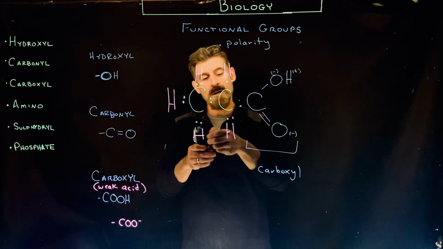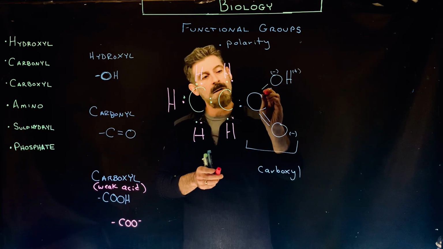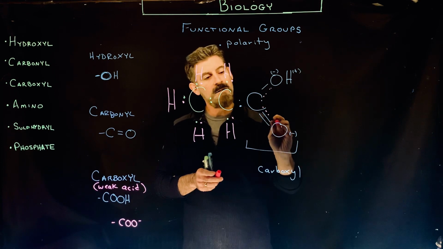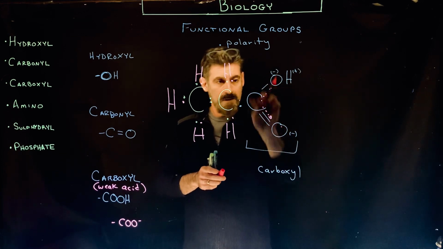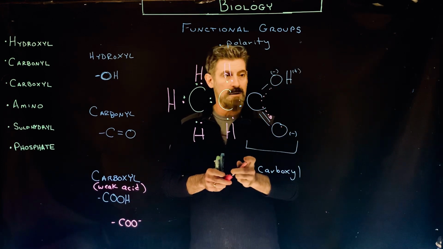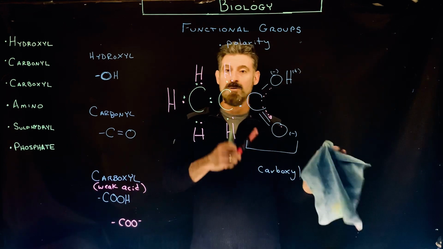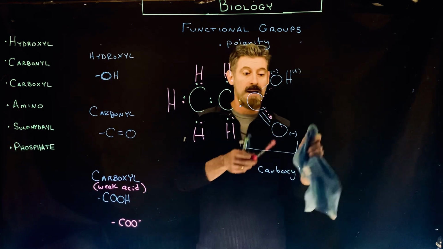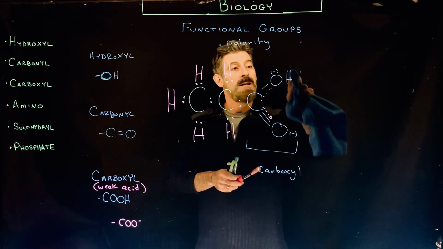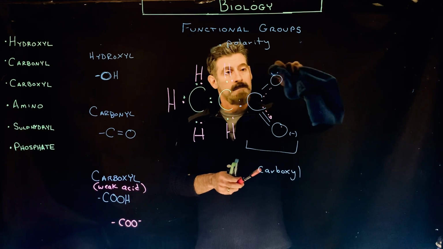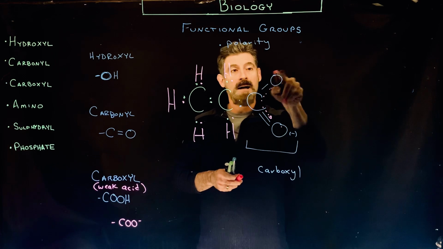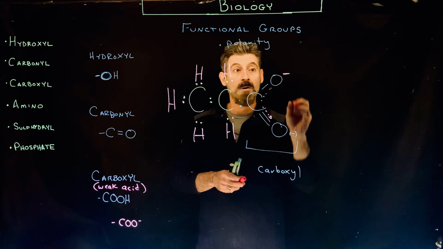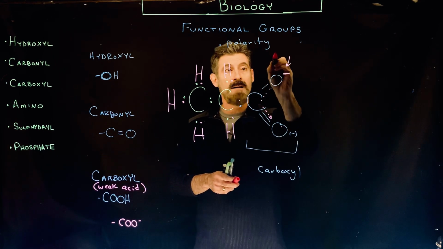In this case, though, there's additional pull from this oxygen here, pulling the electrons from this hydrogen, even though they're not connected directly, they're indirectly connected through the structure. And what happens then is that extra pull given to it by this extra oxygen tends to actually steal the electron from that hydrogen, and this takes on a full negative charge. Okay, so it's ionized.